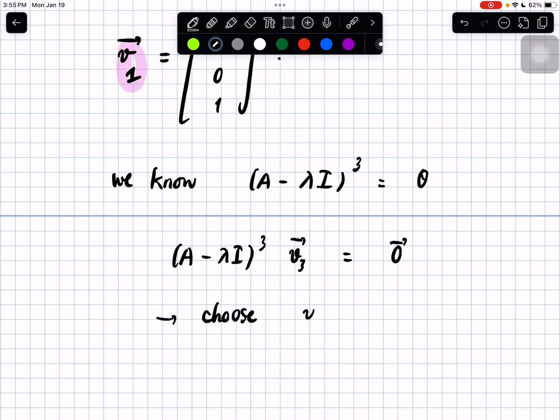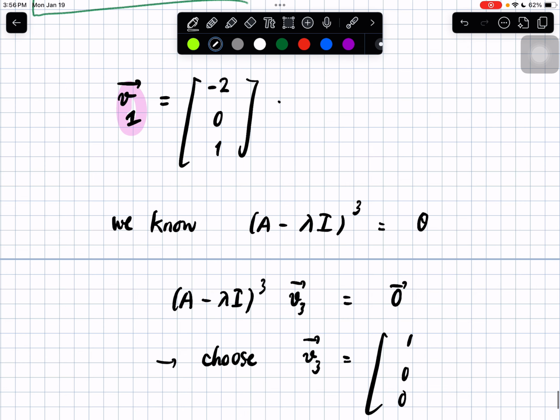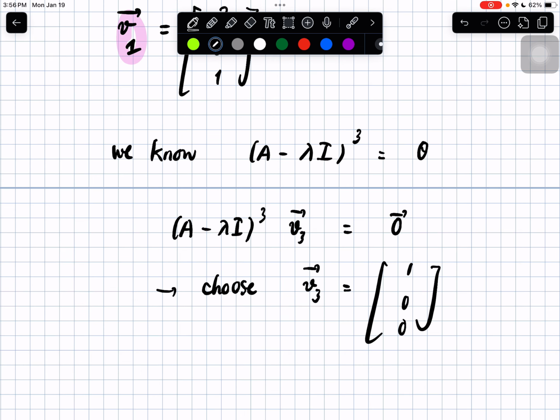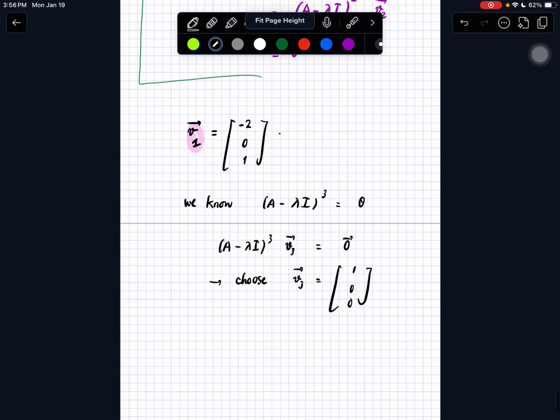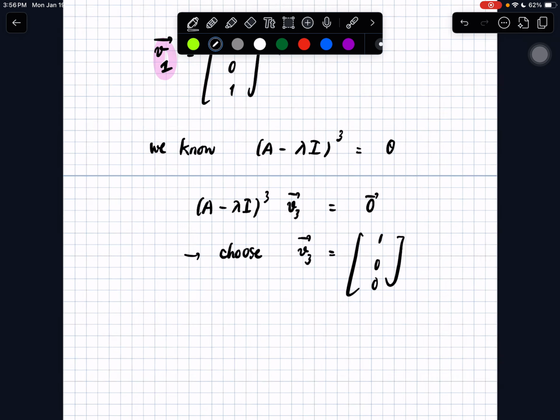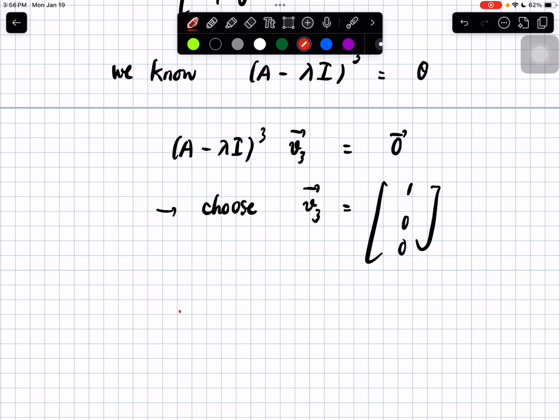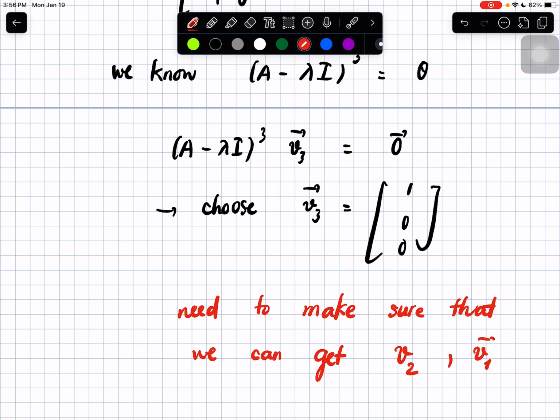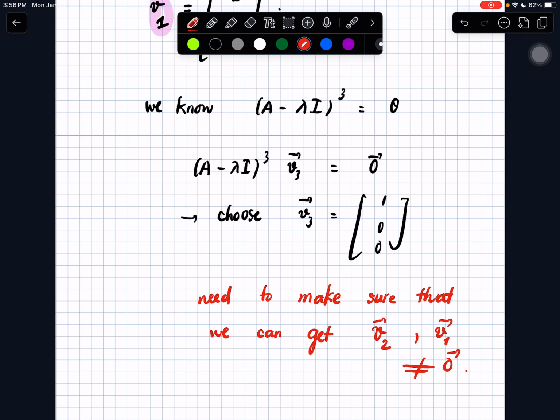Let me choose v3 to be (1, 0, 0). First, it is independent from v1. Now we just need to make sure we can get v2 and v1 that are non-zero. We don't want the chain to stop in the middle.